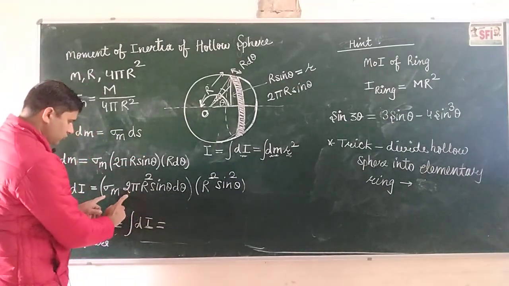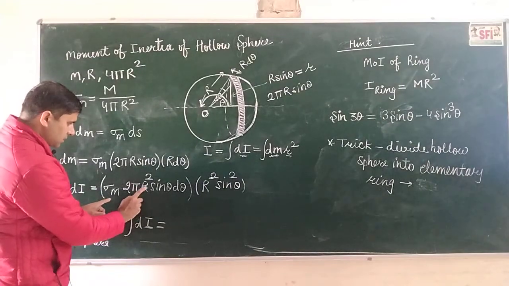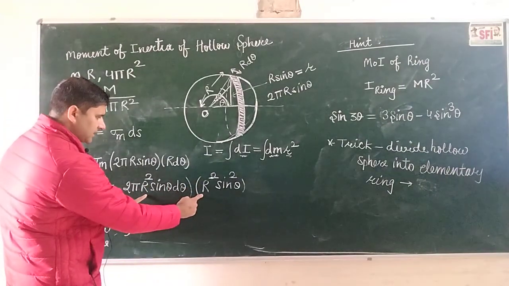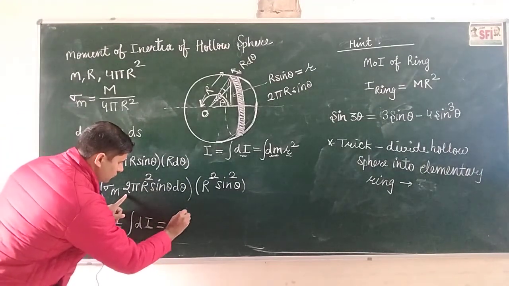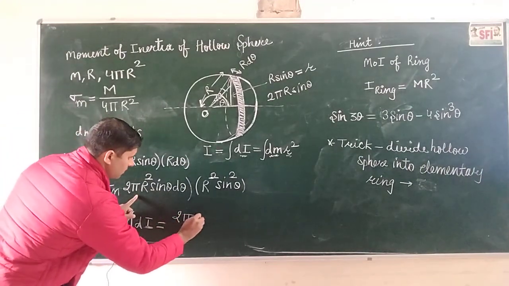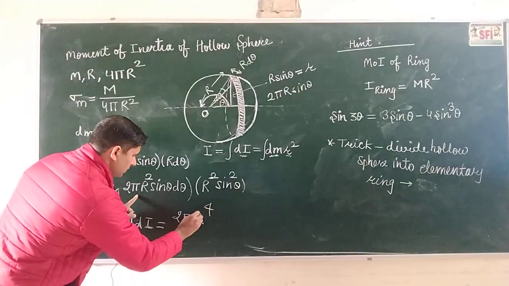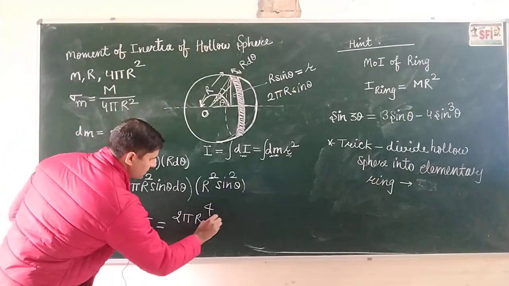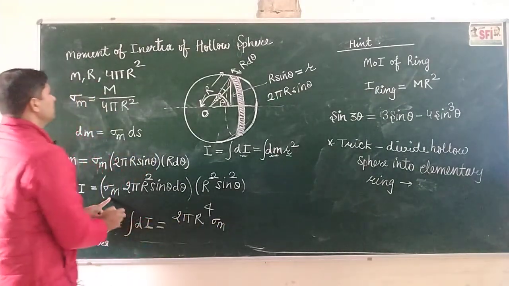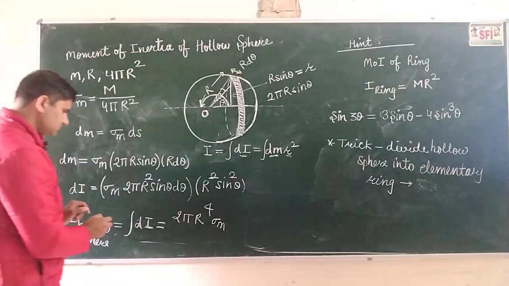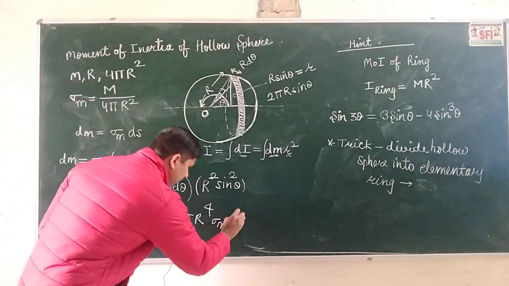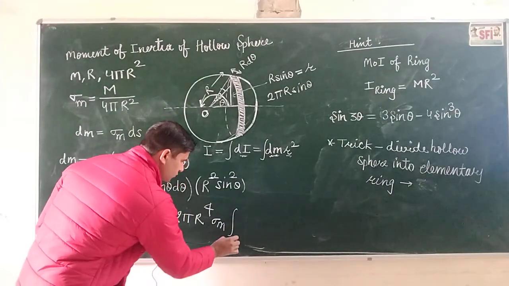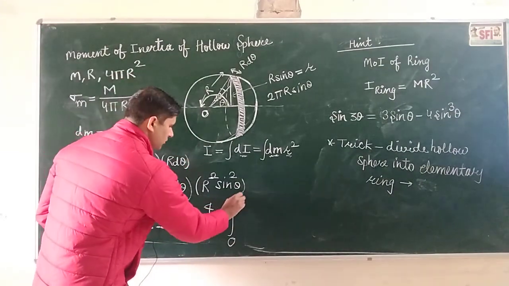So here you will get 2 pi r square into r square, that will be r raised to power 4, and you will get 2 pi r raised to power 4, and then you have sigma m, the surface mass density, whose value is this. Okay, you can take these constants out of the integration, and then you have the limits of integration 0 to pi.